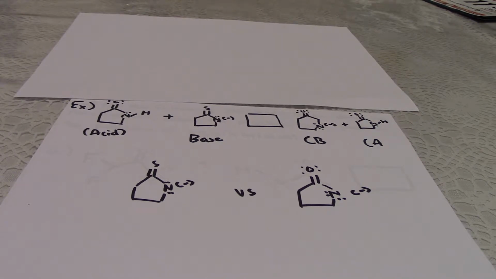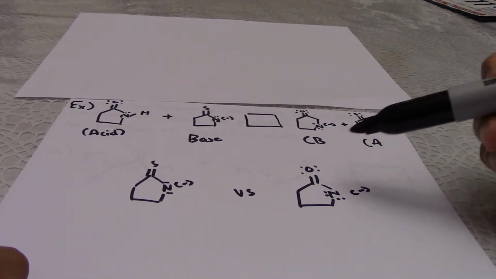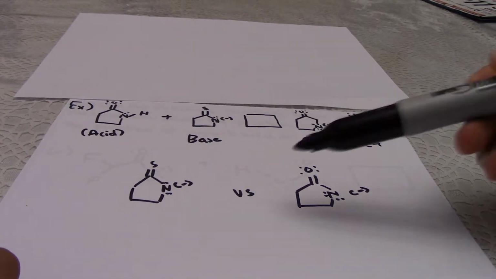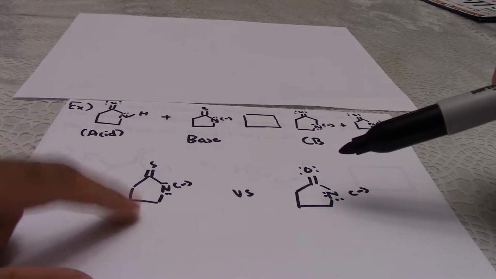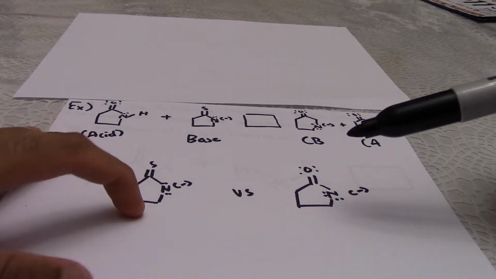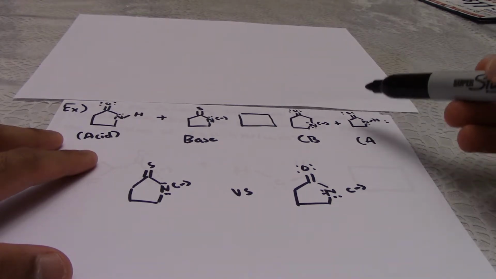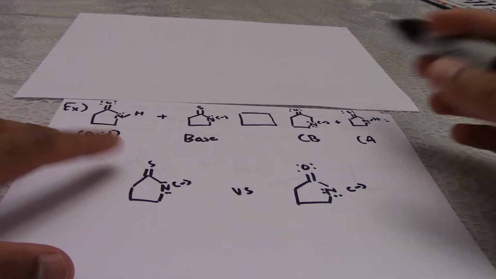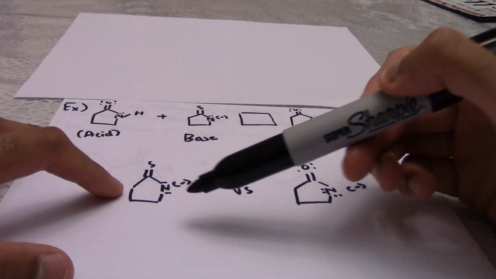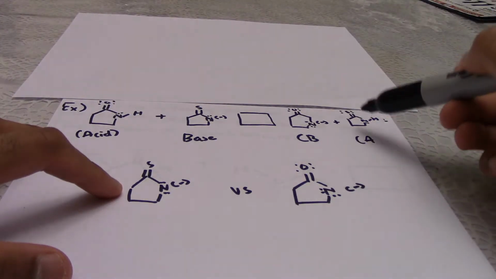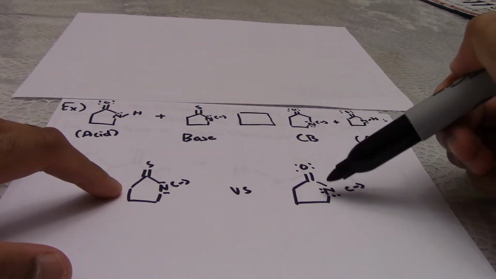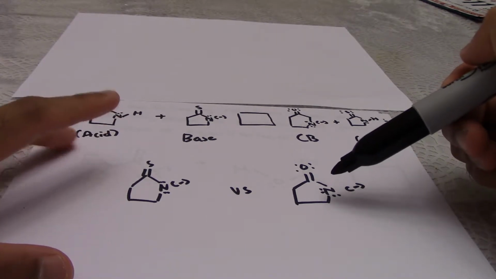How we do that is we use our 4 factors that we learned in the previous video, the qualitative perspective. Notice I don't need to do any deprotonation because these have already lost their hydrogens. So this lost a hydrogen. When it had the hydrogen, it was this thing over here. And this lost a hydrogen. When it had its hydrogen, it was actually, sorry, my bad. So when this lost its hydrogen, it was originally this. And when this lost its hydrogen, originally it was that.